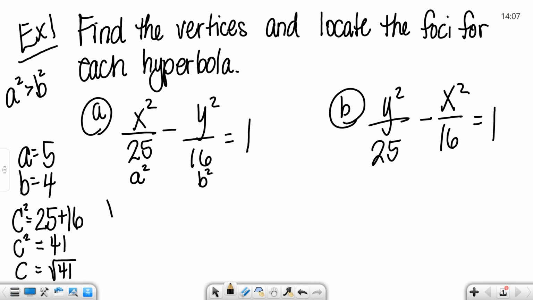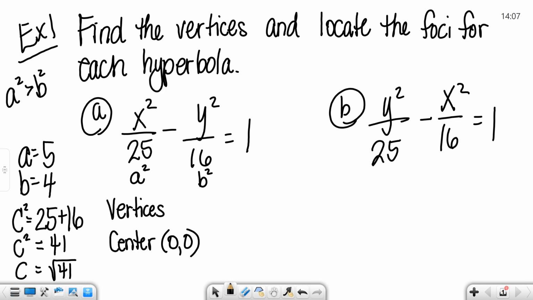All right, so we were asked to find our vertices. Even though I wasn't asked to find it, I need to know what my center is so that I can do my vertices. So if I look at my equation, it appears that there's no h and k, so that means the center is the origin.